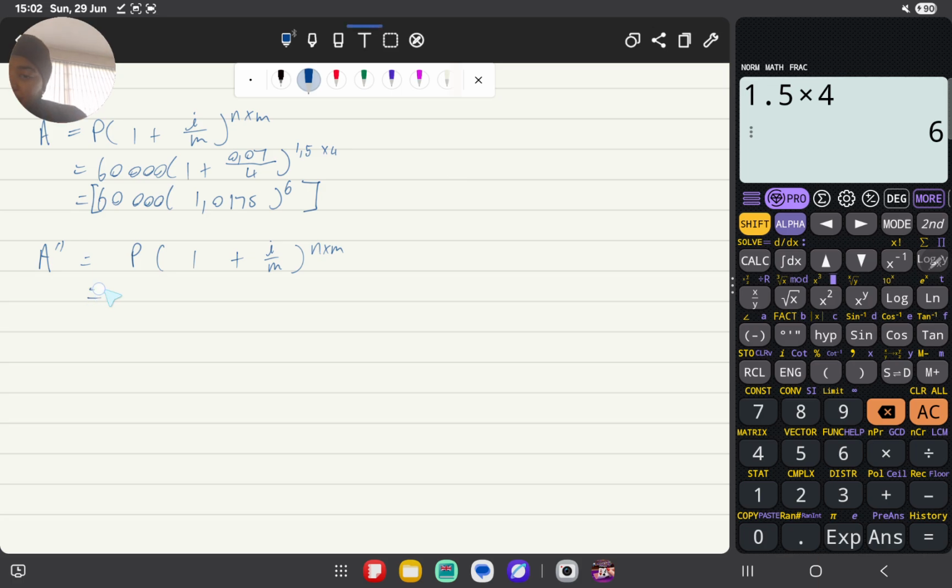So with what I have now, I'm doing the substitution. Substitute P, that is 1, so that is P. Now we have 1 plus I, which is, what is I?